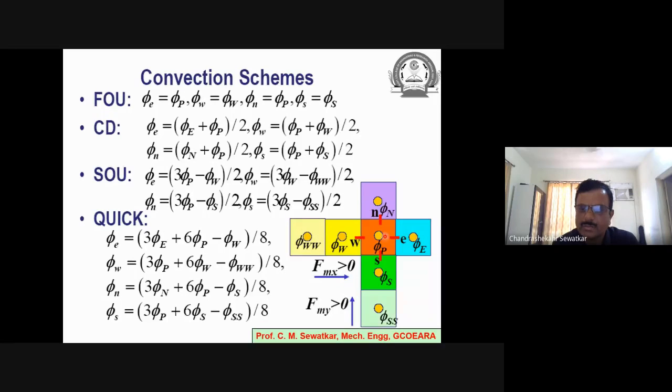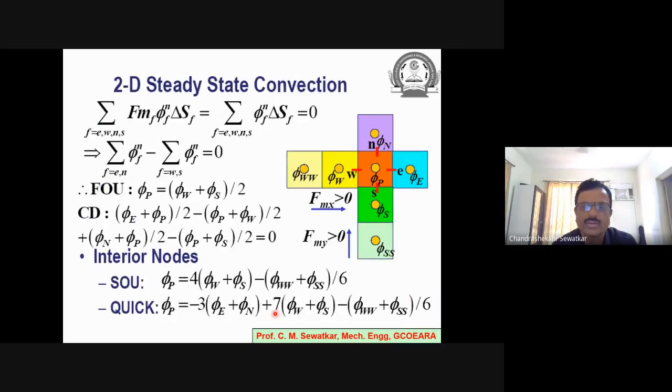So phi E, phi P, and phi W are used. If I'm doing it for the west face, phi P, phi W, and phi WW will be used. If I'm doing it for the north face, phi N, phi P, and phi S will be used. If I'm trying to find the value of the variable on the south face, phi P, phi S, and phi SS will be used. So these are the equations which can be readily used.